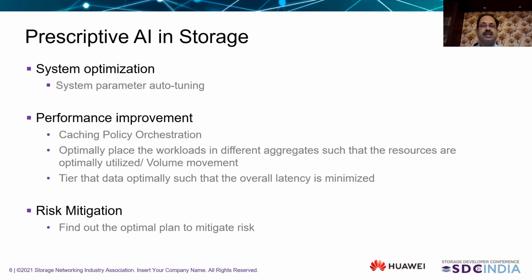Do we need the minimum RPO? Do we need the minimum latency, or do we need the maximum throughput? All cannot be achieved at the same time. So for system optimization, the second thing is which parameters are related to which objective? We have to understand, if we change the parameter, how the system is going to behave.